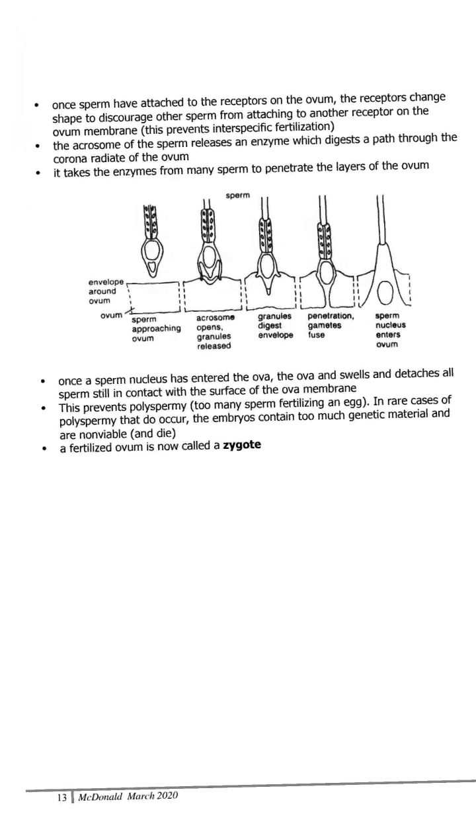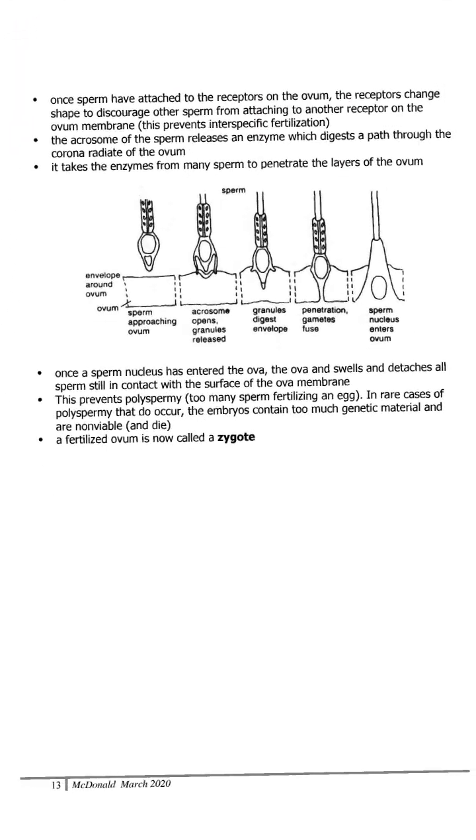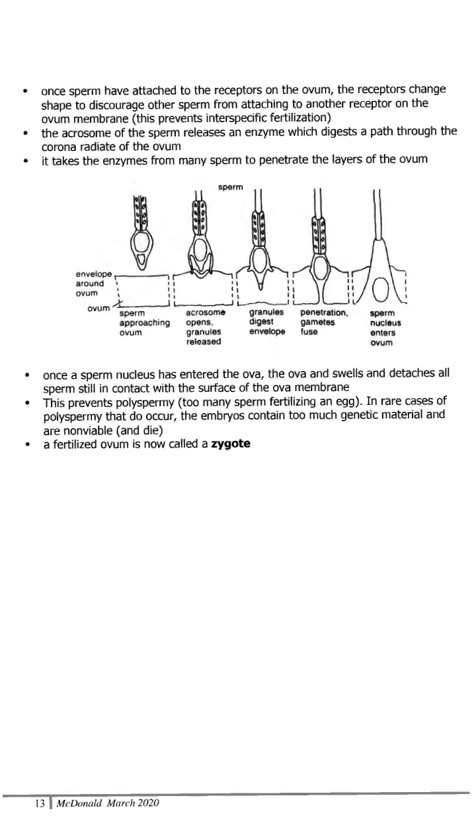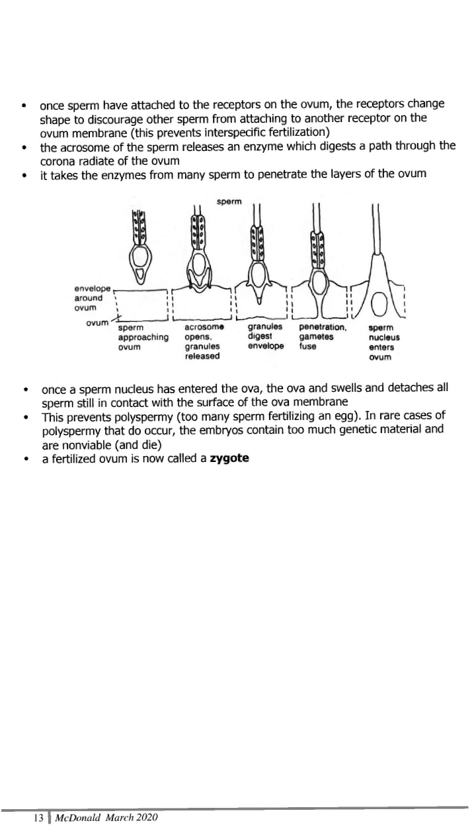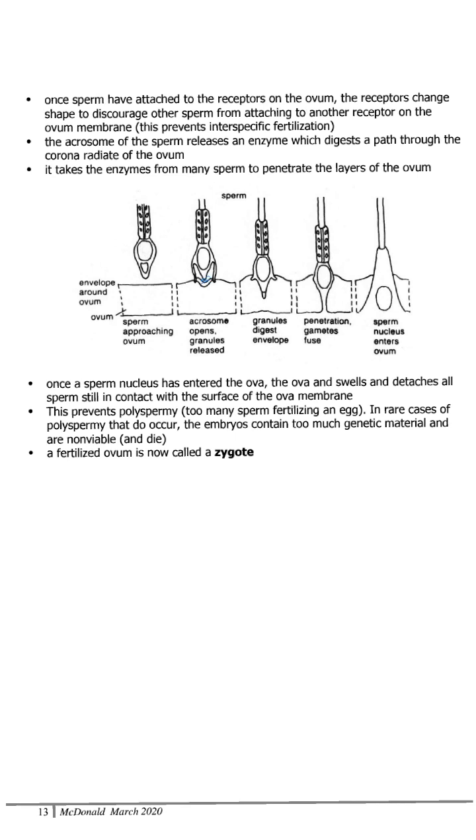Once the sperm have attached, the receptors will change shape. That discourages other sperm from attaching. The acrosome is going to release enzymes, and you're going to require a whole bunch of enzymes in order for that one sperm to get inside.